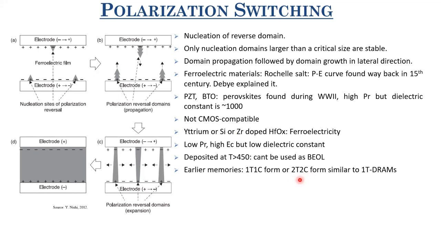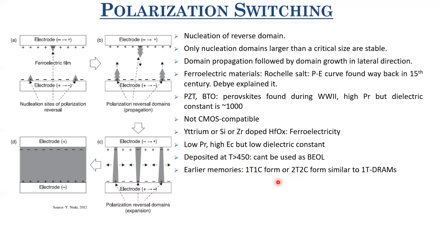The 2T 2C form consists of two complementary data storage elements. One capacitor is storing 1, the other is storing 0, and the combination 1 0 or 0 1 decides the effective logic value being stored. If the combination is 0 1, let us say we are encoding a 1. If the combination is 1 0, then we are encoding the memory state 0.